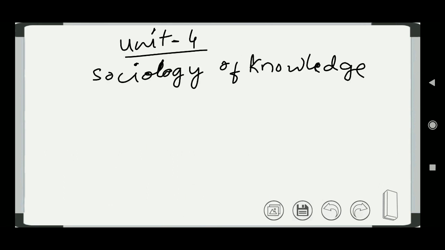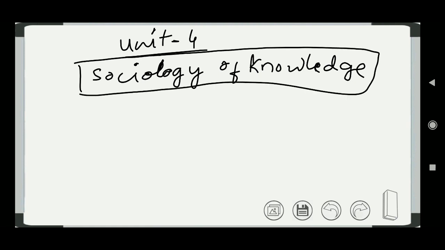Next, in unit 4, sociology of knowledge is a very important concept in this unit.